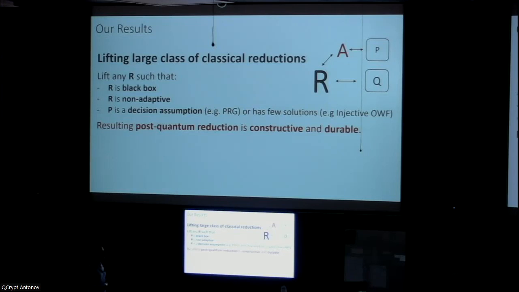Okay. Any question about the statement of the result? Yeah. Great question. Yes, we do need to break, so our reduction uses many copies of the adversaries, and all these adversaries will have quantum states.